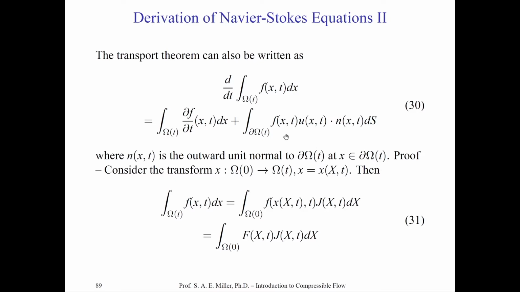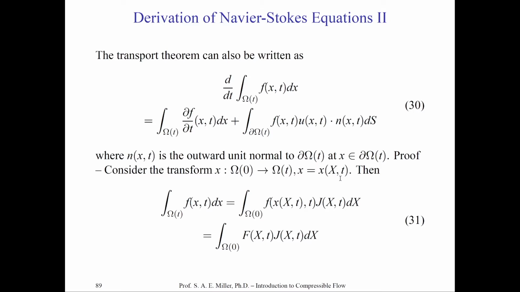So let's look at a particular simple proof of this. If you consider a transform at some x of Omega 0 to Omega t, and x can be parameterized as a function of the material coordinate and time. Then we can write equation 30 as the following.